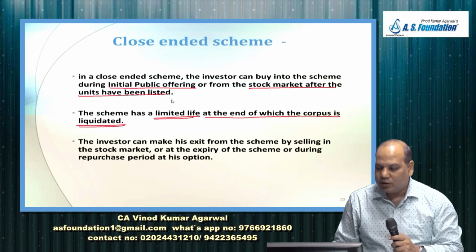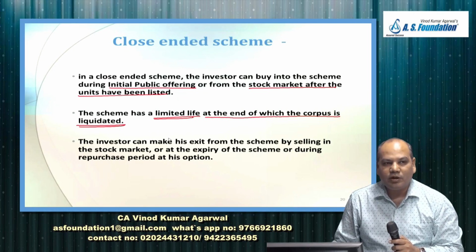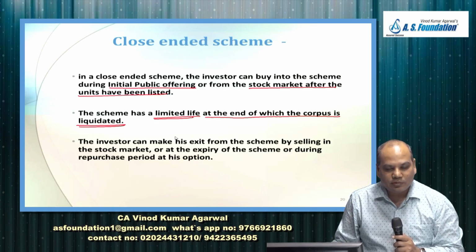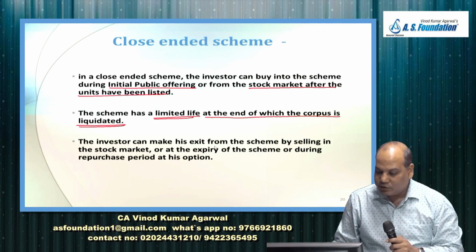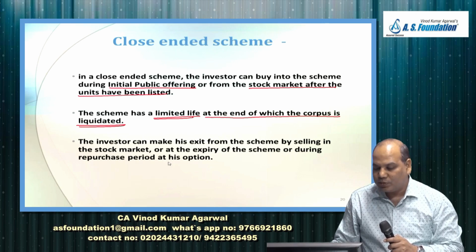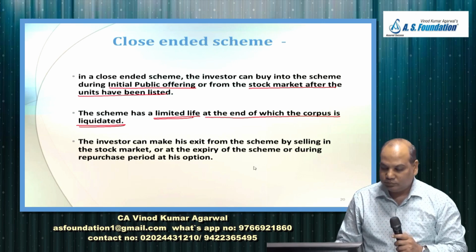Once issued by the mutual fund, you can't deal with that same mutual fund, but the liquidity is provided by the stock market. Investor can make his exit from the scheme by selling in the stock market or at the expiry of the scheme or during repurchase period at his option.